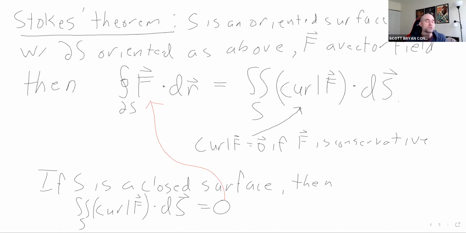So that's a bit of confusion. Not every vector field I give you. If I just said, instead, the integral over a closed surface of a vector field, any old vector field, it's not necessarily going to be 0. But if it's the curl of a vector field, it's going to be 0.